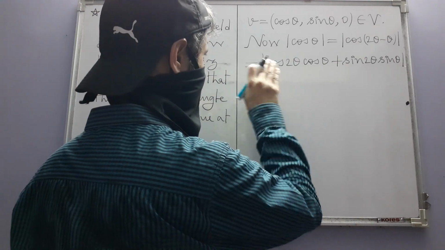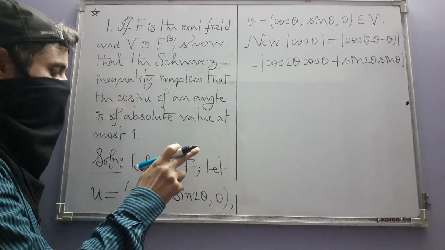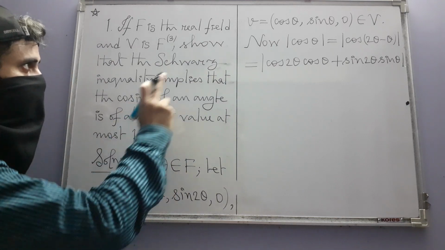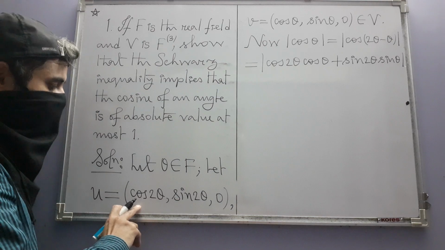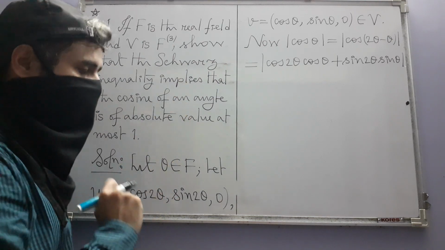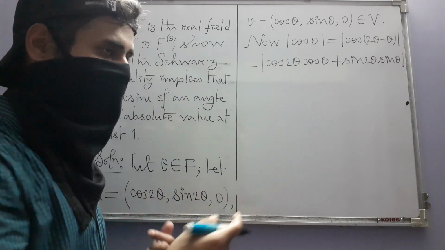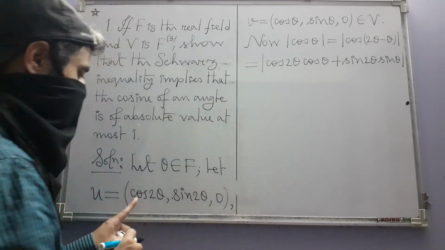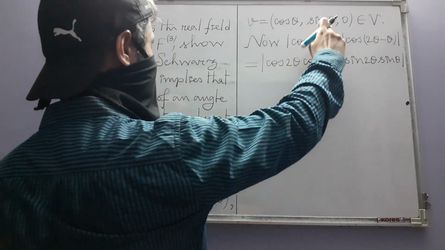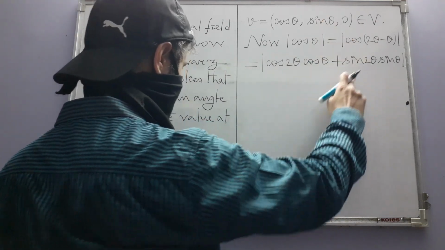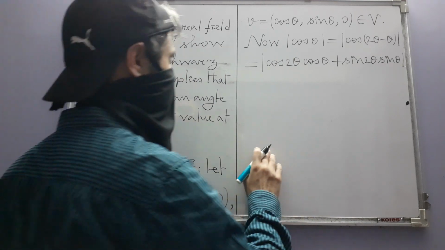Now, if you look carefully at this absolute value, this is nothing but the absolute value of the inner product of u and v. Because what is the inner product? You have to multiply the corresponding components in these vectors and take the sum of those products. So cos 2 theta cos theta that you have here, plus sin 2 theta sin theta, you have that here, plus 0 times 0, that will vanish.